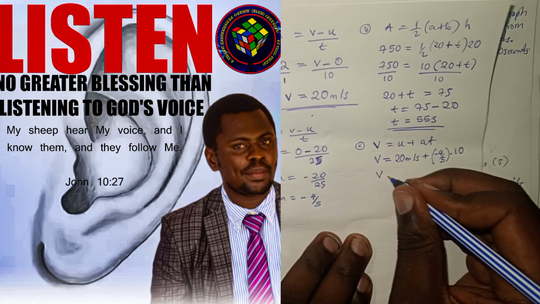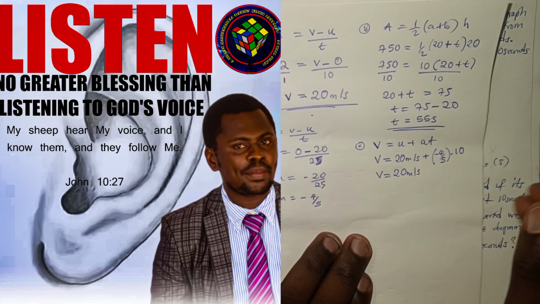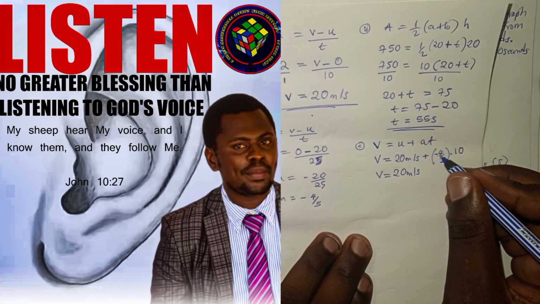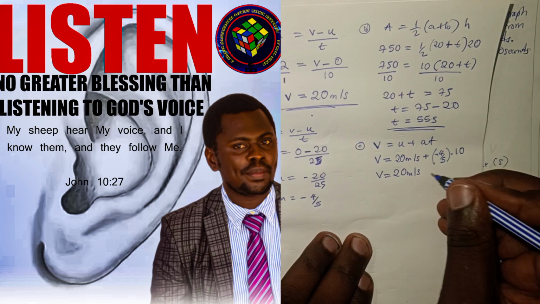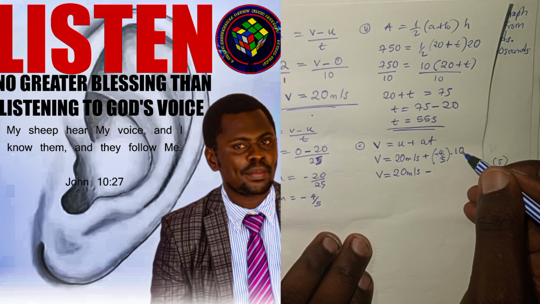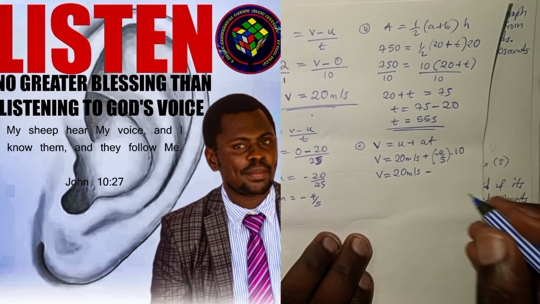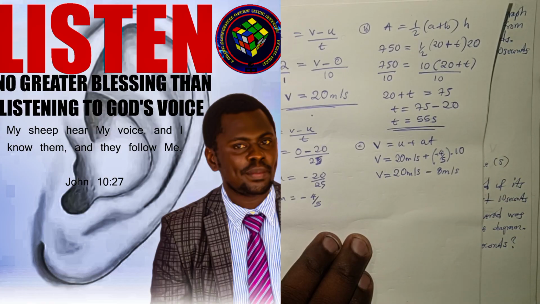Okay, so we have v is equal to 20 meters per second. Here there is positive, and inside there is a negative. Positive multiplied by negative, you get negative. So we have minus. Then 5 in 10, that is 2. 2 multiplied by 4, you get 8. So minus 8 meters per second.